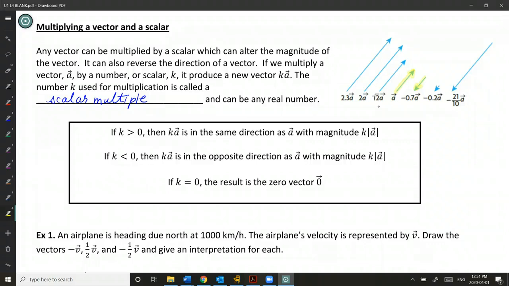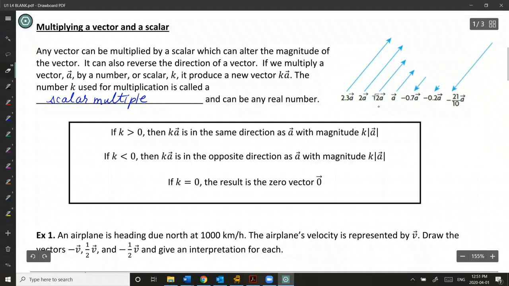Okay, this one is less than -1, so it's going to cause a stretch to the vector. The negative will reverse the direction, and then 21 over 10, or 2.1 times A, is going to make it about double the length plus an extra 0.1 there.